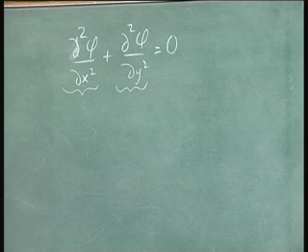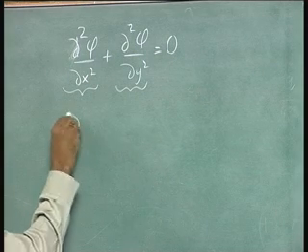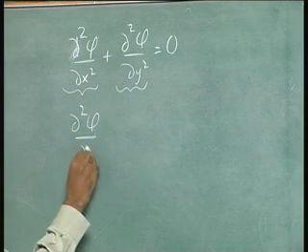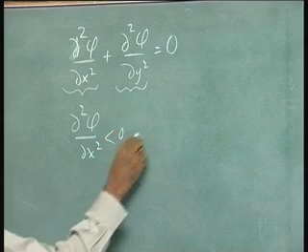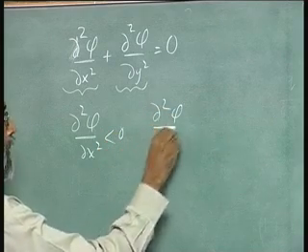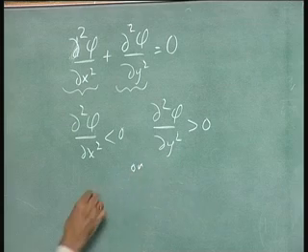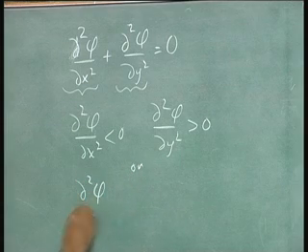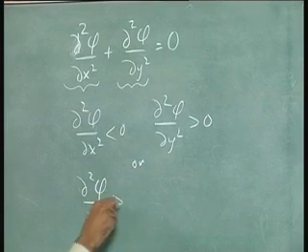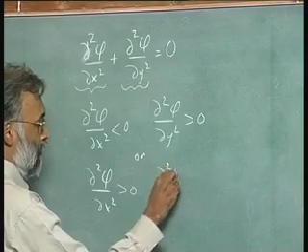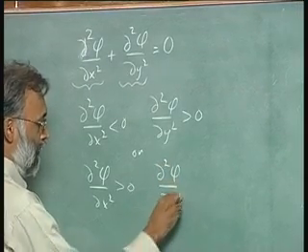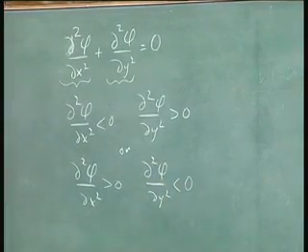So, you can immediately write down something. You can say del squared phi by del x squared less than 0 and del squared phi by del y squared greater than 0, or del squared phi by del x squared greater than 0 and del squared phi by del y squared less than 0.